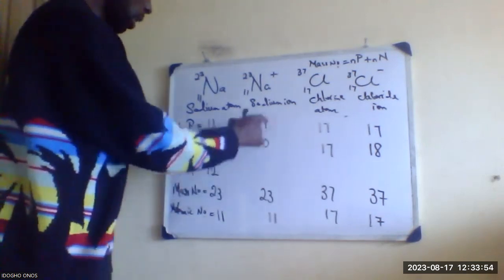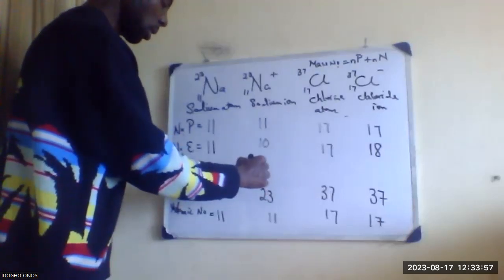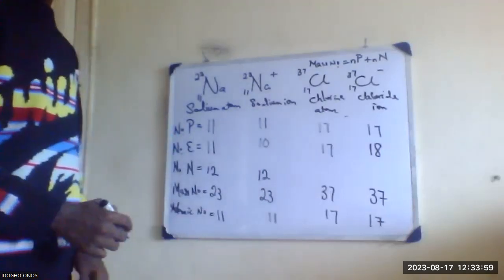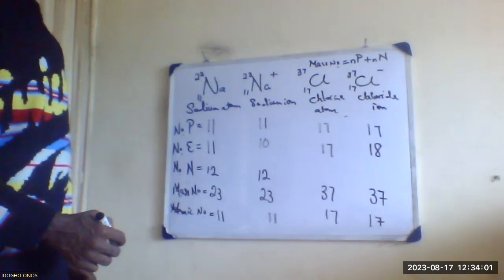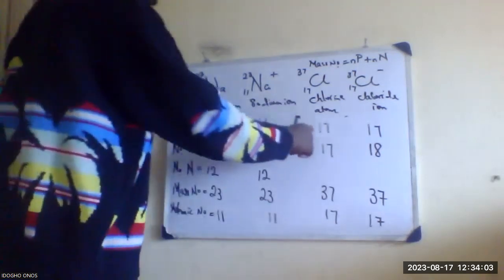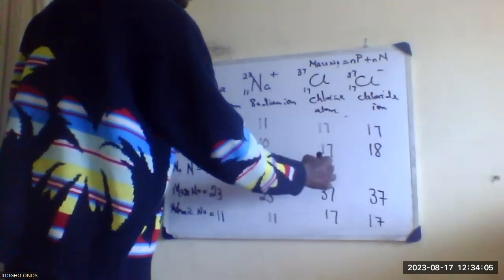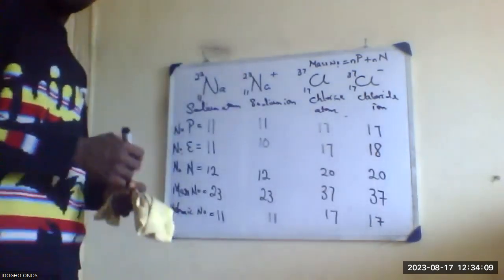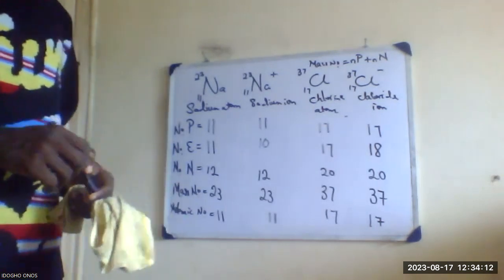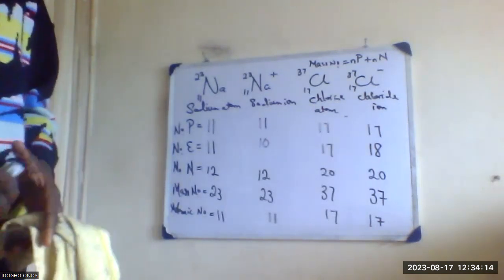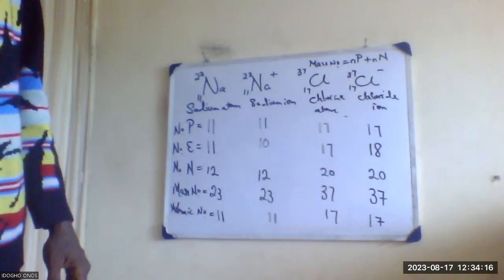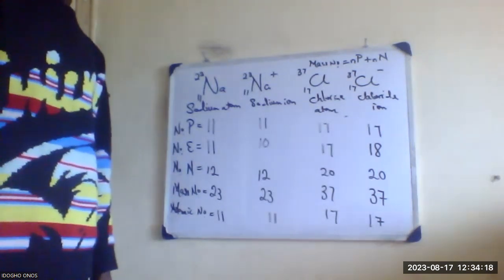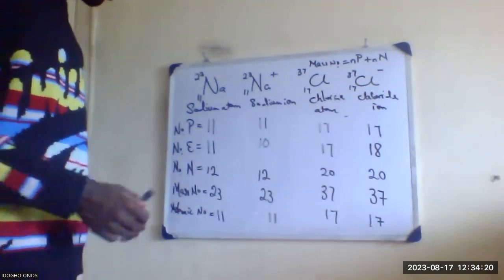Here also 12. 37 minus 17 will give me 20, also 20. So I think it's clearer like this. What we just did now is calculating mass number, number of protons, and number of neutrons.